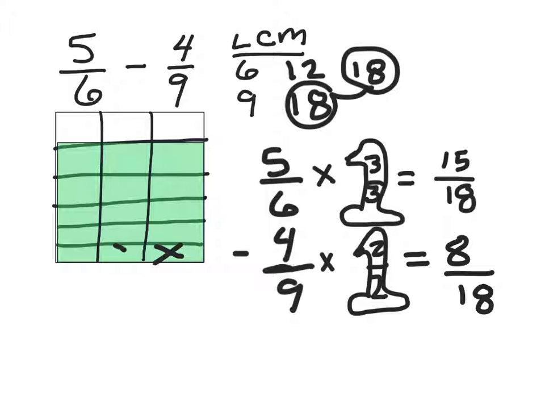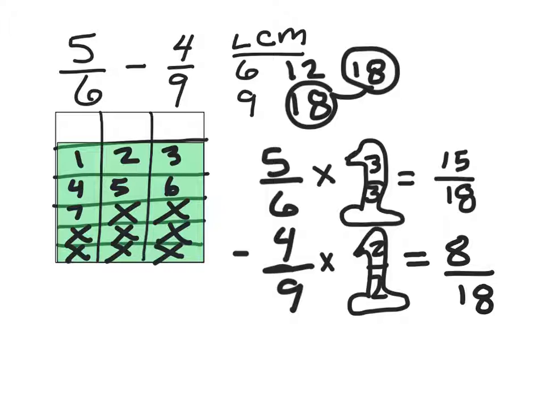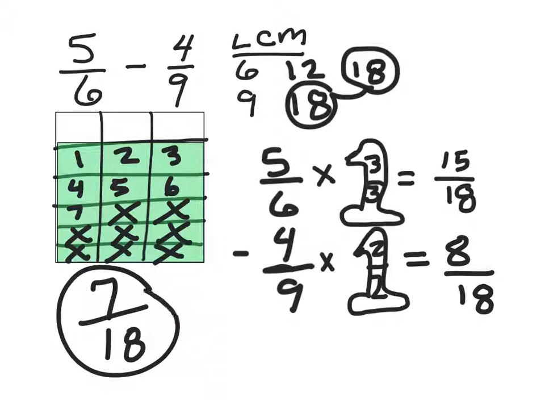So I got 1, 2, 3, 4, 5, 6, 7, and 8. And so these are all gone, right? And now I can just count these that are not gone, and that's how many I get. So I got 1, 2, 3, 4, 5, 6, and 7. So I have 7 out of 18. And that right there, my friends, is your answer, right?